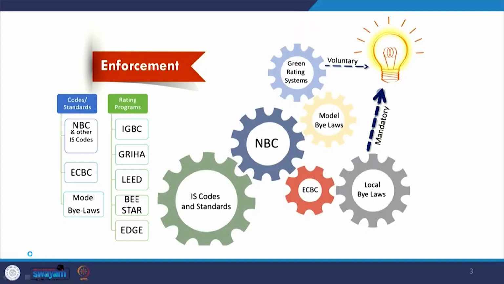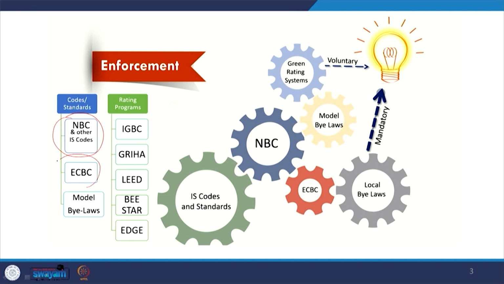Before I go on detailing what NBC, the National Building Code of India, is, as I was just mentioning, there are some codes and standards which are voluntary. NBC is a voluntary code. Some sections of it are mandatory, while most of it remains a voluntary code.